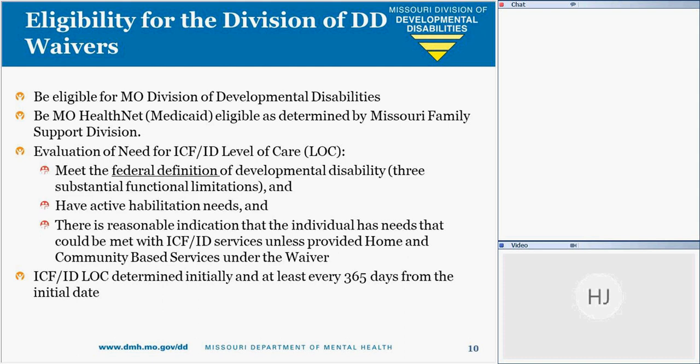And what that means is that you have to meet the federal definition of developmental disabilities, which is three substantial functional limitations. You have to have an active habilitation need. There has to be a reasonable indication that you would have otherwise needed ICF/ID services unless you were provided the home and community-based waiver service. And level of care has to be determined initially and at least every 365 days from the initial date, because we want to see that you continually need that level of care.